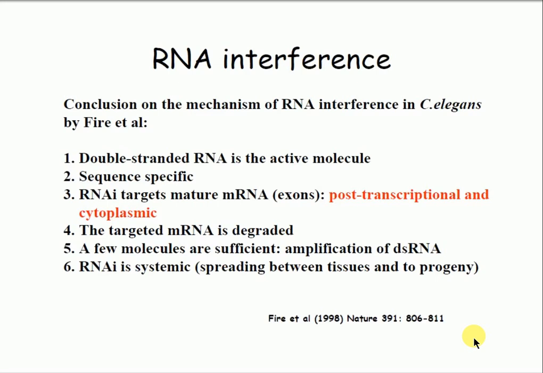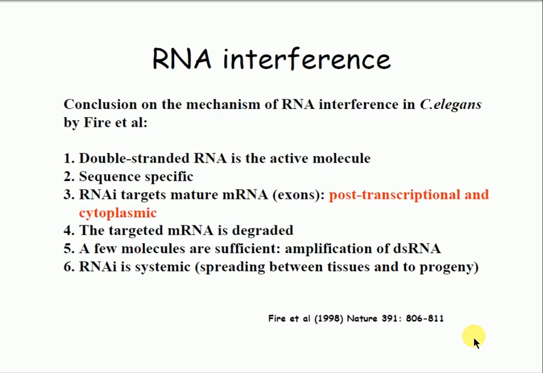The target mRNA is degraded because it's cleaved. Then a few molecules are sufficient, so there is some amplification mechanism that leads to spreading, meaning that RNAi is systemic, so that it can spread between tissues and progeny.